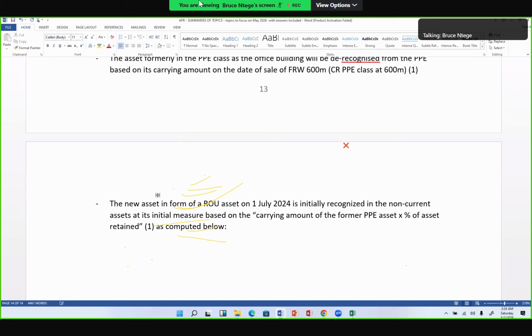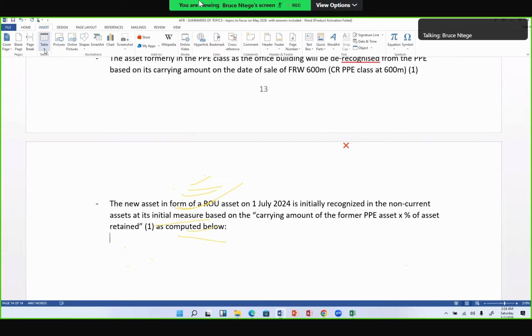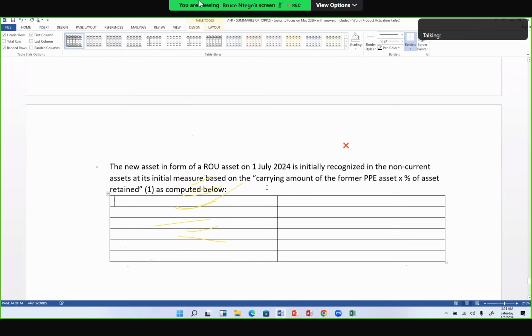Perhaps I may want to use a table here to be able to compute it well. So I'm putting in a table. Okay, so in my table, remember, I'm doing those two workings. So first, I want to look at the proportion of percentage of the asset that has been retained.